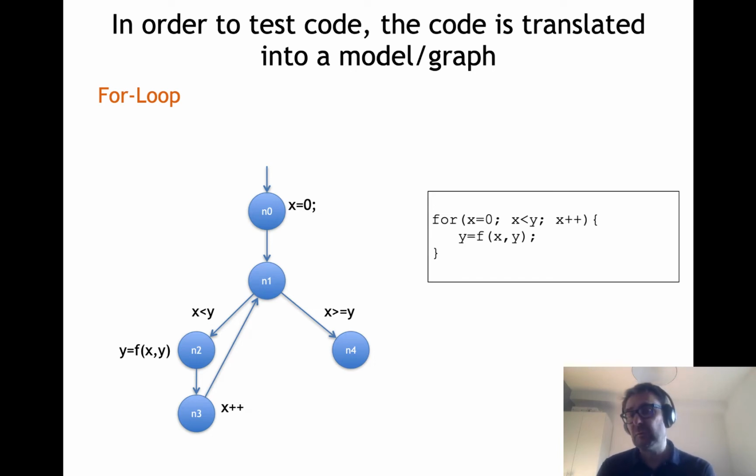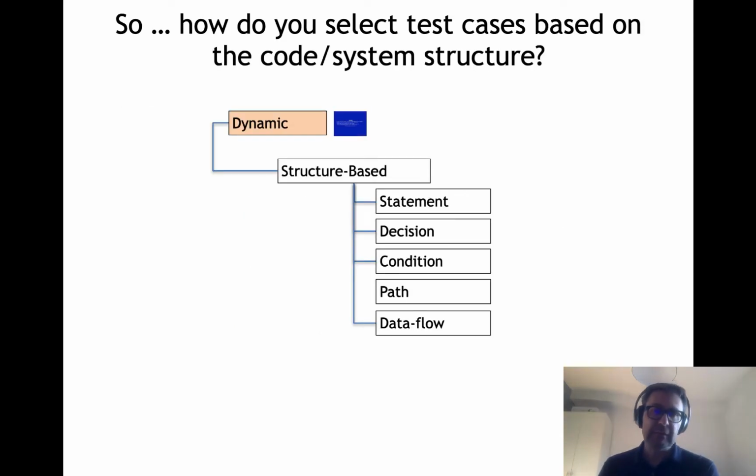Based on the control flow graph, you can calculate a number of different coverage criteria. Depending on the industry and the company you are at, you select a different level of coverage or structural testing, and these graphs and this type of analysis can help you go further. So let's look at it.